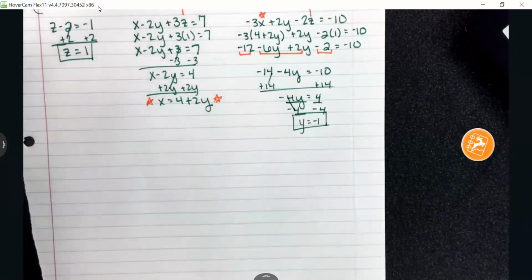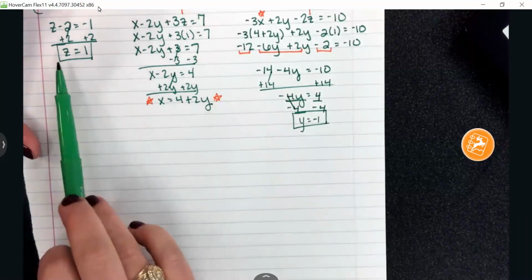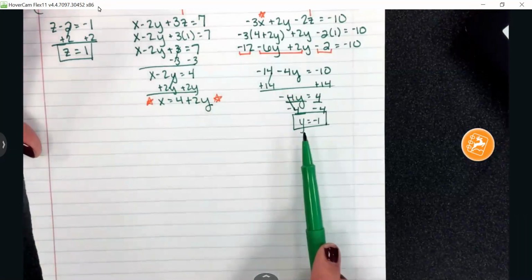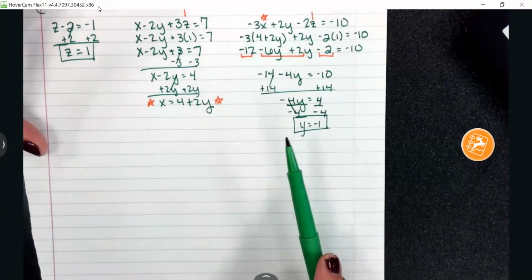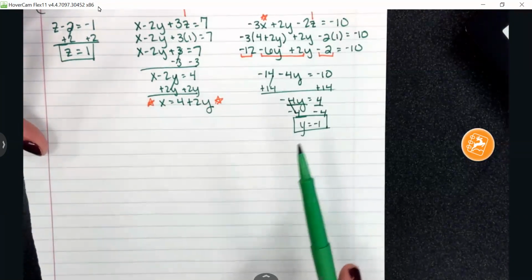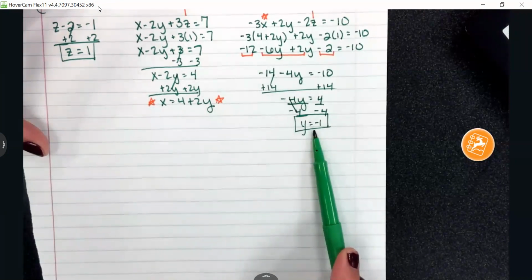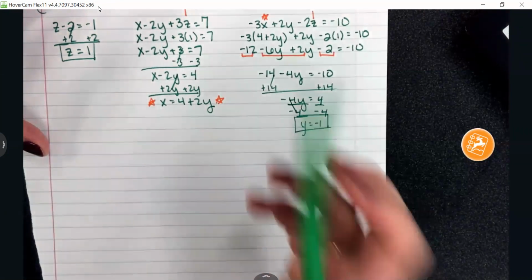Bianca, what do I have to do next? Not yet. I don't have a solution. I only know what z and what y are. How do I figure out what x is? Very good. I plug my y into my star equation.